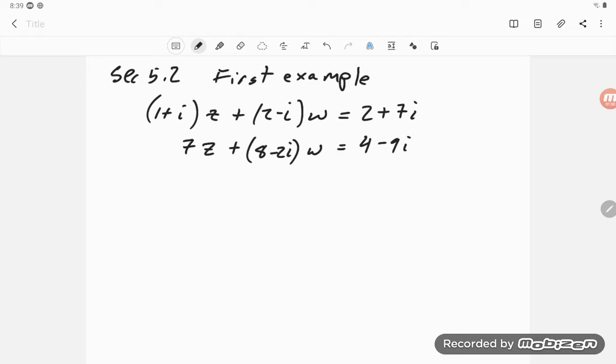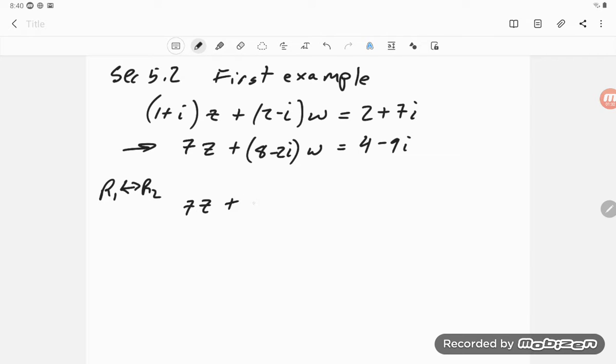So if we just go through and think of the reduced row echelon stuff, probably since we have a 7 here, swapping row 1 and row 2 makes sense to me to do that first. So that's what I'll do. I don't have to, but that way I don't have to divide through by 1 plus i.